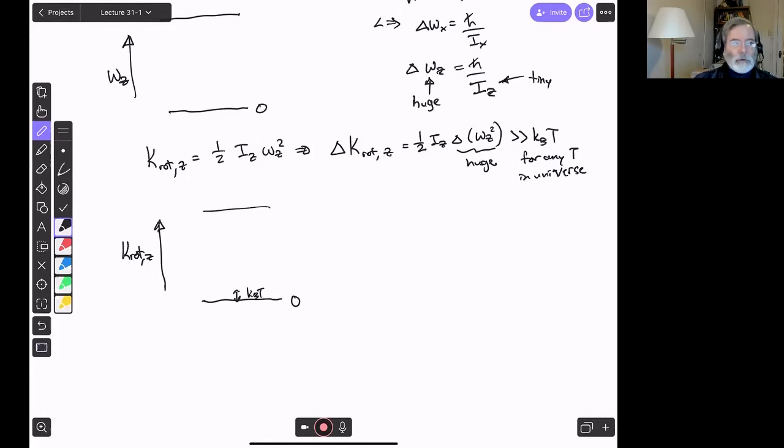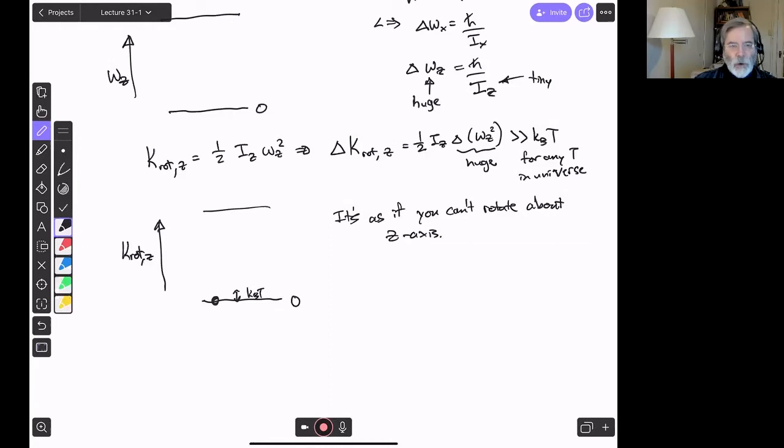So you never can get out of the ground state for this. The system is always in the ground state. And so it's as if you can't rotate about this axis. So you might as well drop that from considerations of energy. Questions?